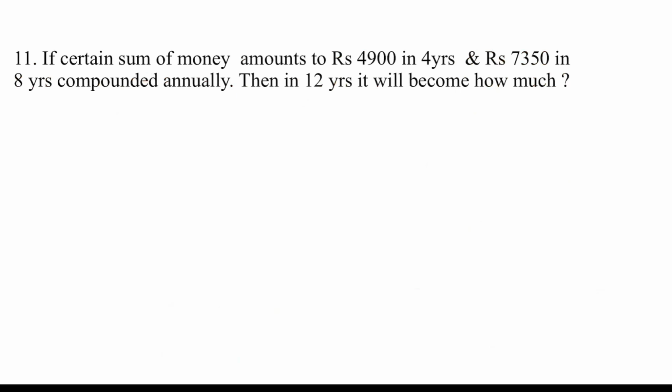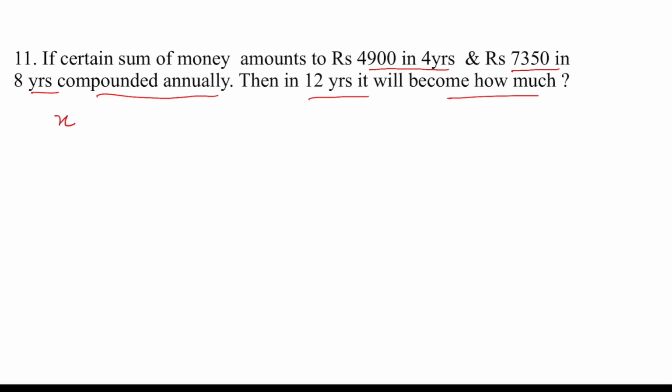If a certain sum of money amounts to rupees 4,900 in 4 years, we don't know how much the sum is, it is becoming 4,900 in 4 years and rupees 7,350 in 8 years, compounded annually, then in 12 years it will become how much? Now, a certain sum, we don't know, let it be x.